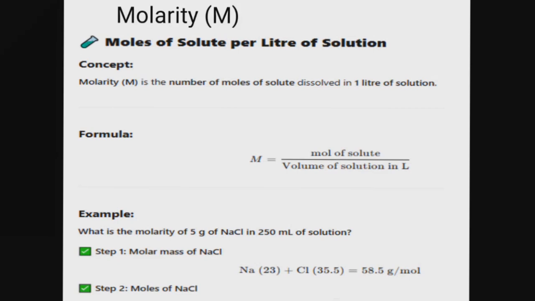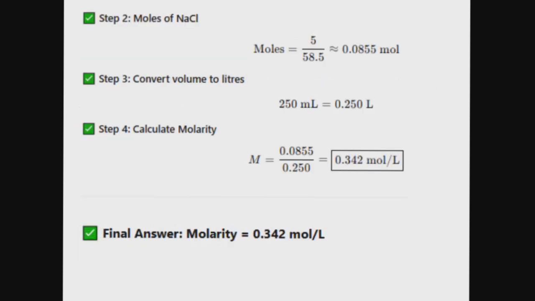Then the next step is to know the moles of this sodium chloride. We have discovered the molar mass. The next thing you want to discover is the moles. How do you find the moles? Go back to our question.